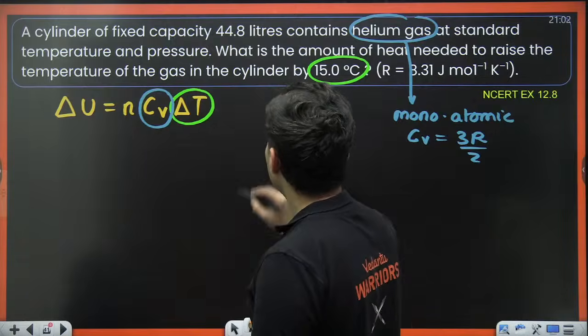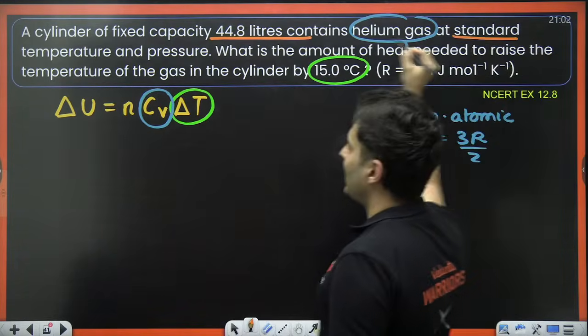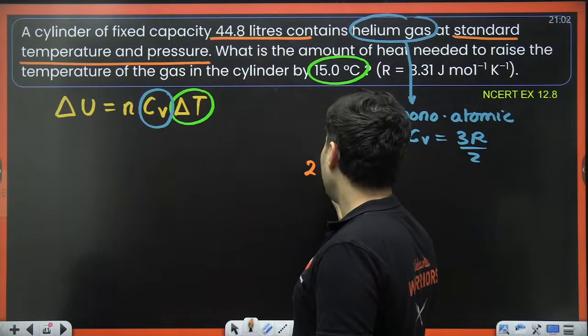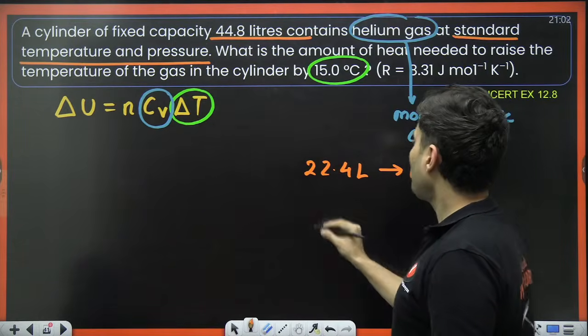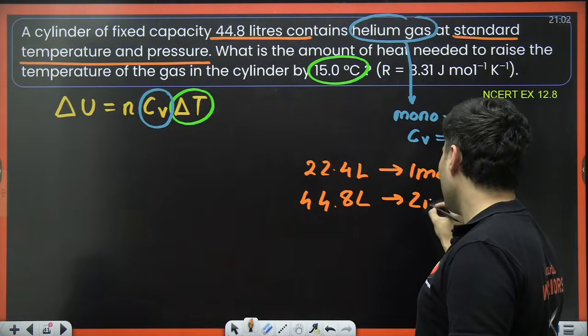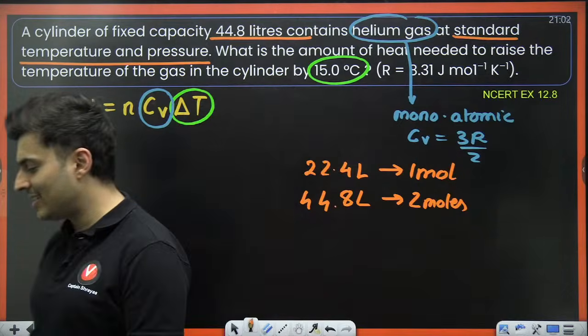So how do we make use of this over here? It is given at standard temperature and pressure. Guys, we know this: 22.4 liters is 1 mole. So 44.8 liters is nothing but 2 moles exactly.